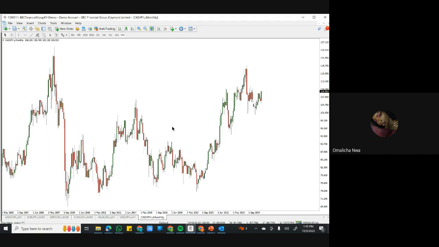Can anyone try to identify areas of support and resistance on this chart without me saying anything? Can you try? If you can try, you can unmute yourself and speak.